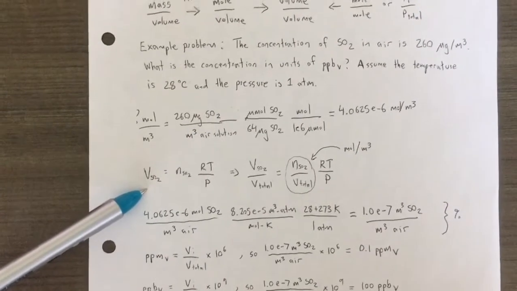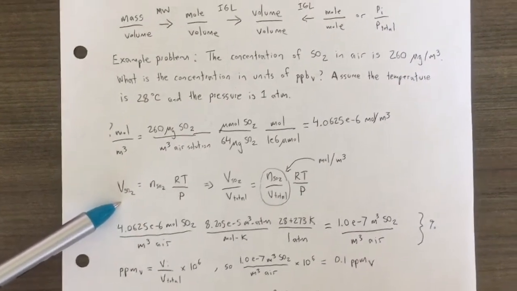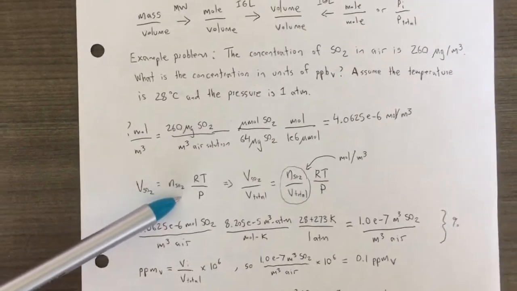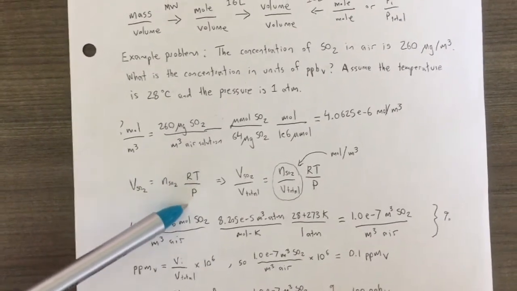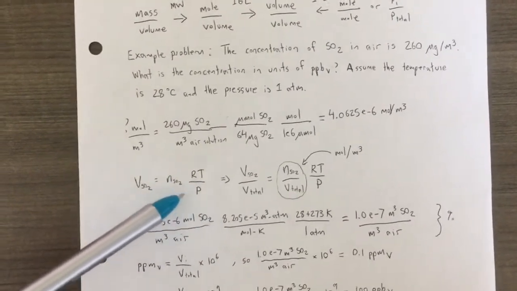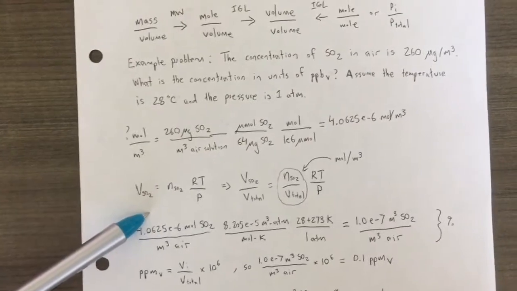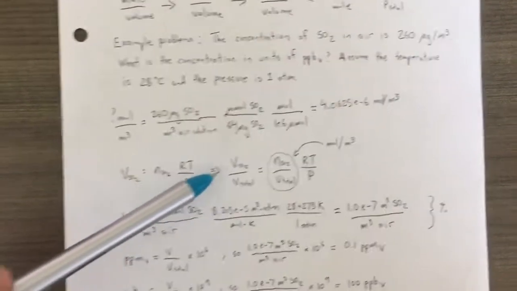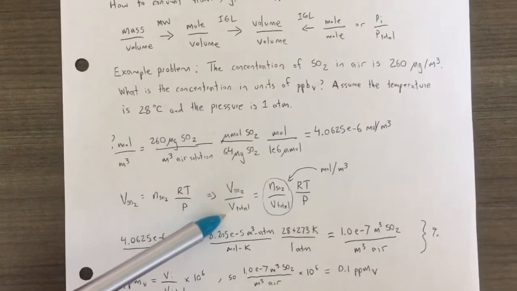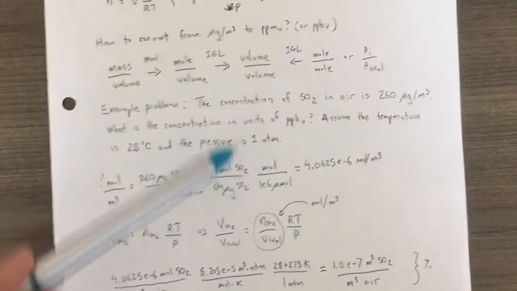We can do some rearranging and solve for volume, since we're ultimately wanting to get to a volume ratio. So the volume of SO2 is equal to moles of SO2 times RT over P, with ideal gas constant R, temperature T, pressure P. We can multiply both sides of this expression by 1 over V total. When we do that, we have volume of SO2 over volume total.